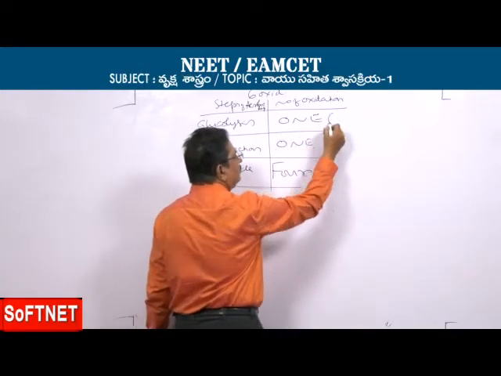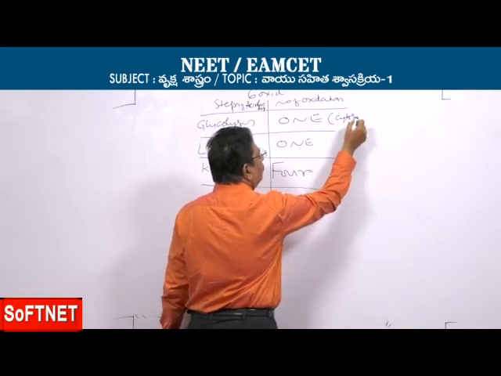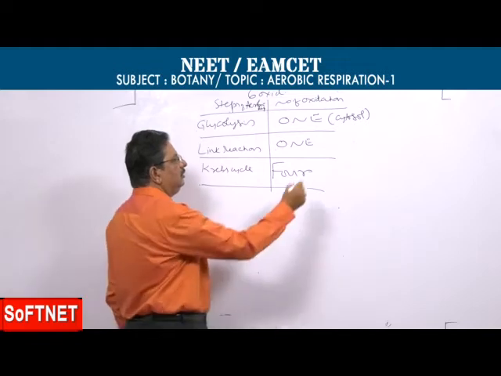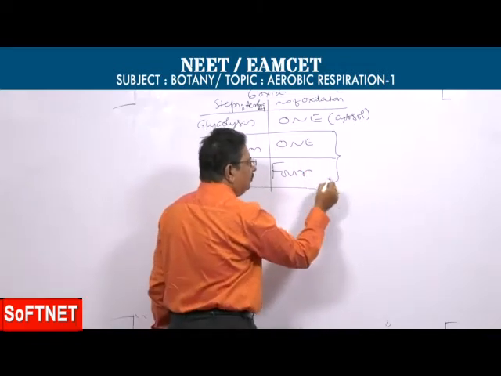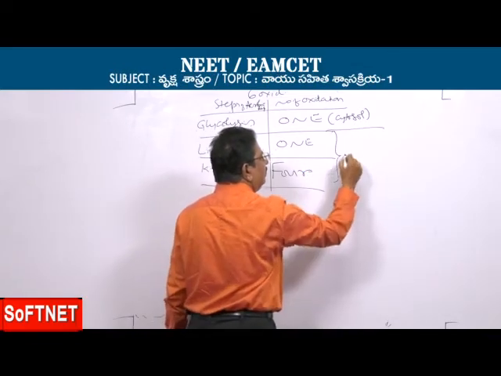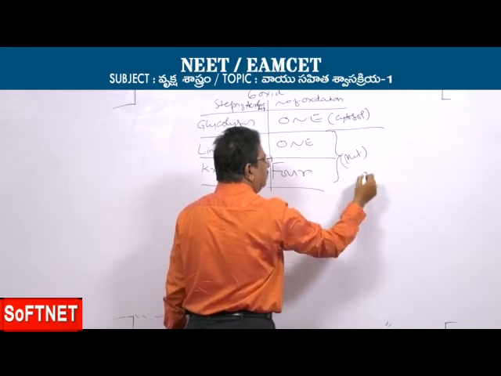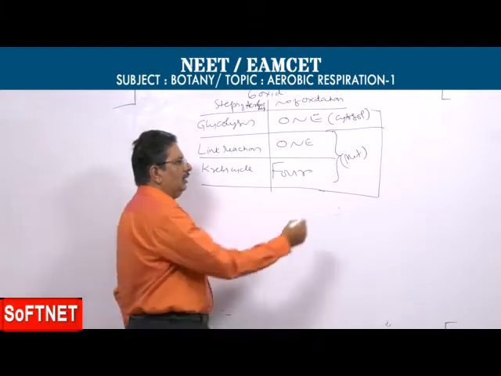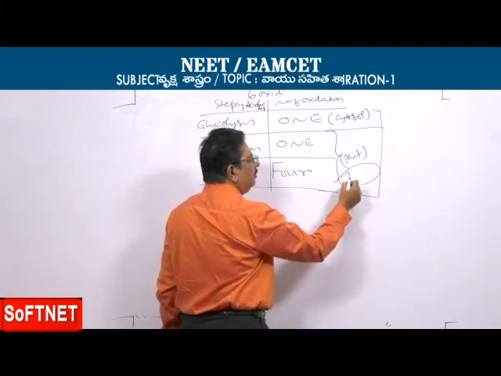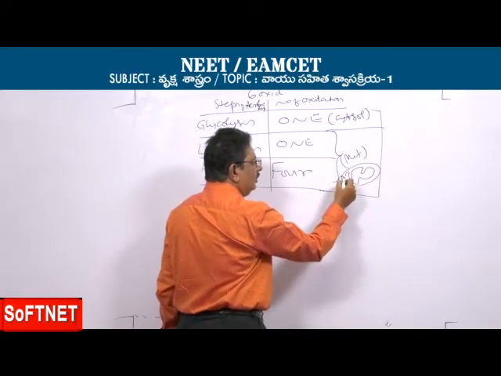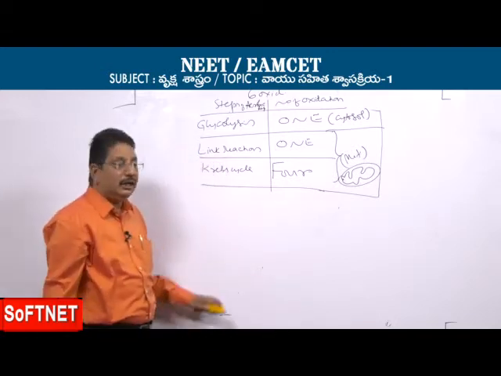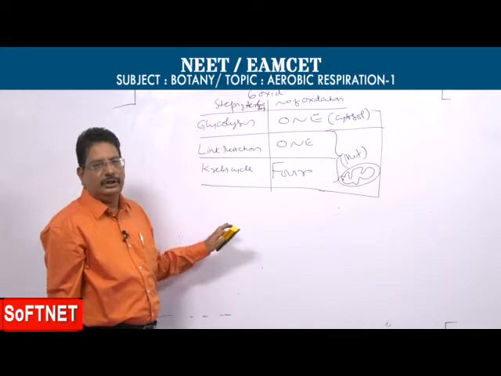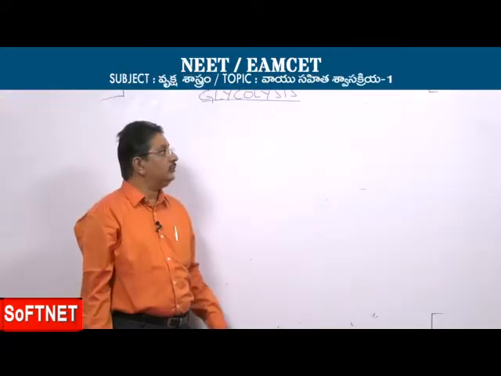Out of these, the first oxidation completes in the cytosol and the last 5 complete in mitochondria. So, more oxidations occur in mitochondria. That is why mitochondria is considered the important cell organelle for respiration. Okay, students.